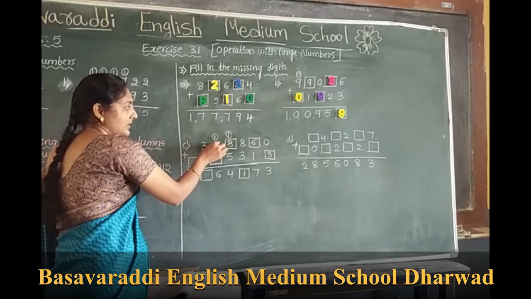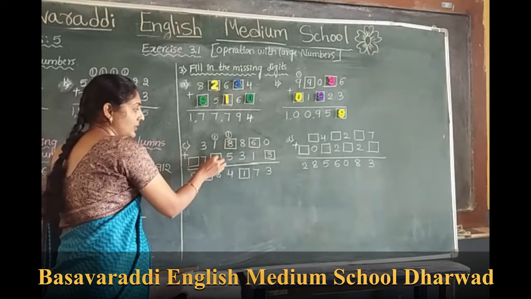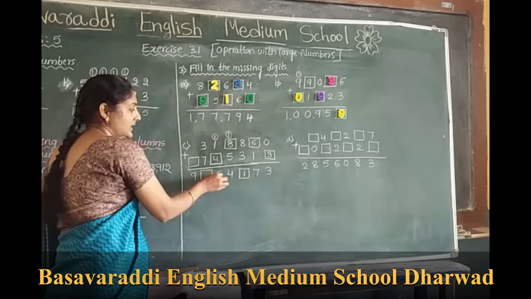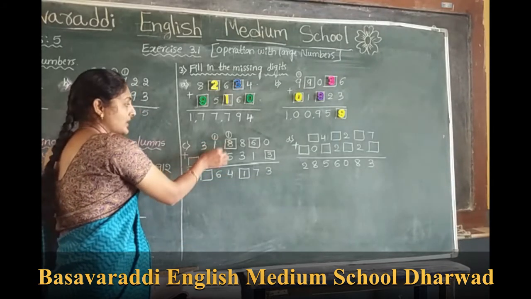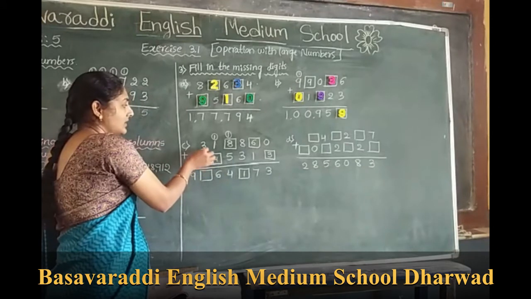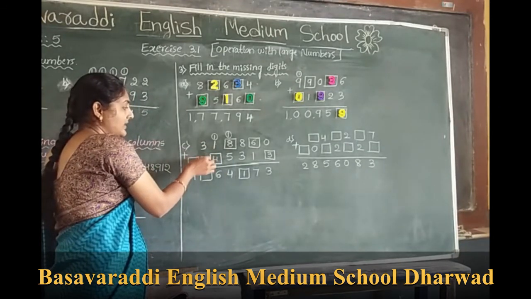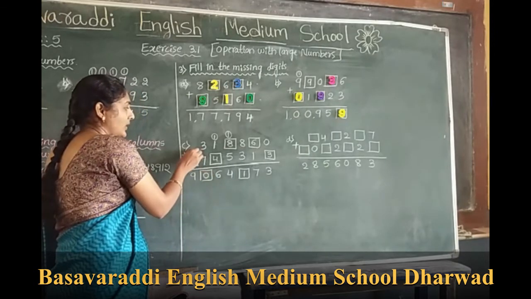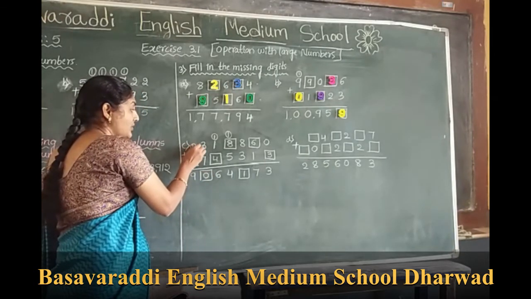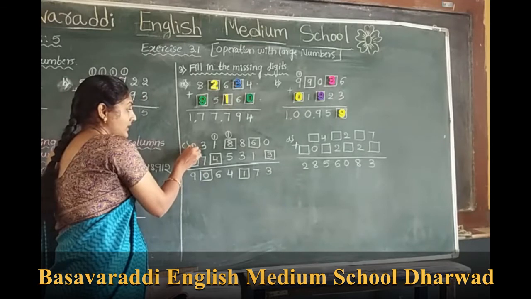1 plus 1 is 2. Plus 4, we get the 6 in the sum column. 2 plus 4 is 6. Next number is 3 plus 7. So it means 0 in the lakhs place. 1 carry over to the ten lakhs place.